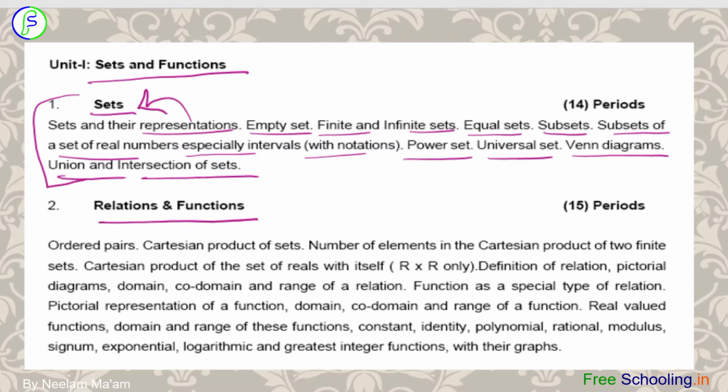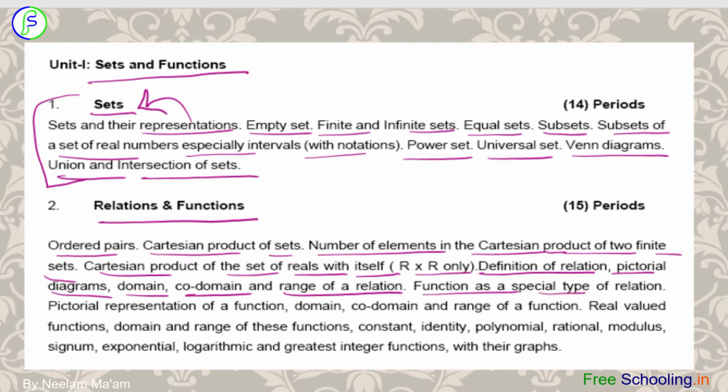Second is relations and functions. Now what do you have to do in this? Ordered pairs, Cartesian product of sets, number of elements in the Cartesian product of two finite sets, then Cartesian product of the set of reals with itself, and the definition of relation, pictorial diagram, domain, codomain, range of a relation.